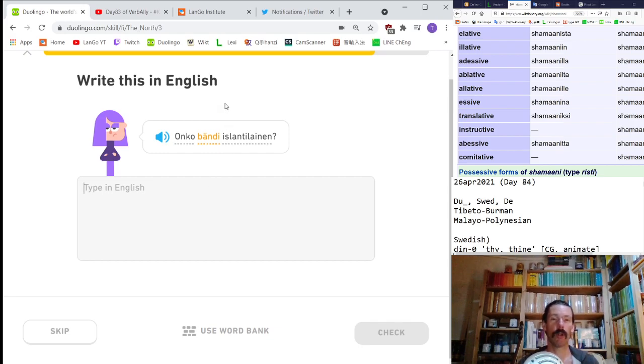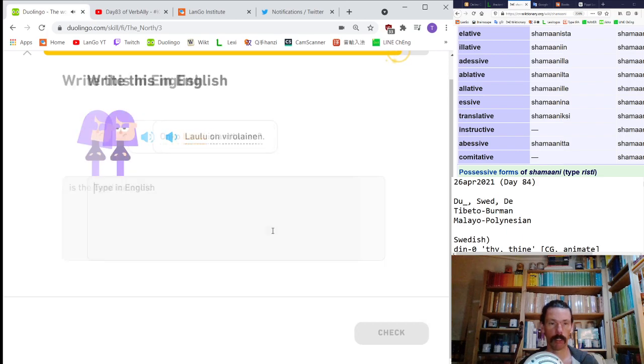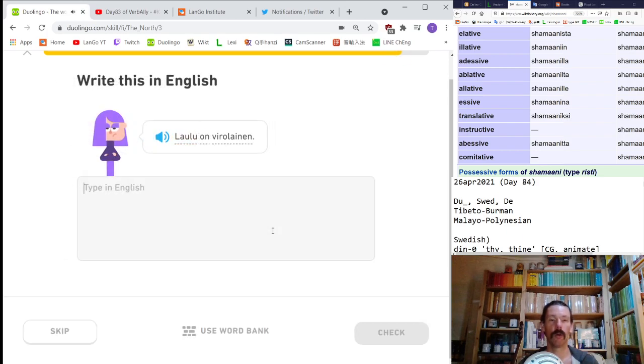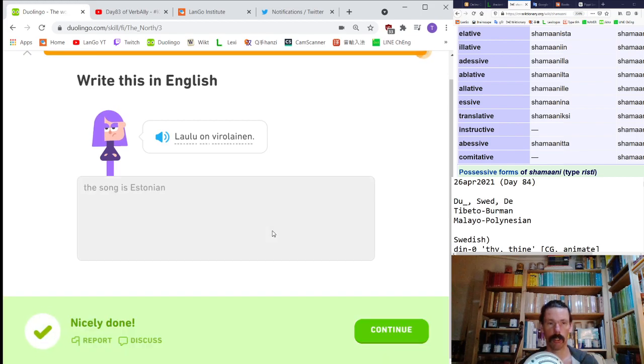So I guess the vowel harmony is just not applying here. Here an E at the end of the stem, I might expect an A, but this word may be just too recent in the language to be affected by that rule. Onko, is the band Icelandic? Laulu on virolainen. The song is Estonian.